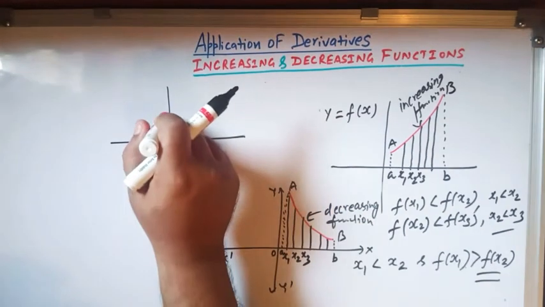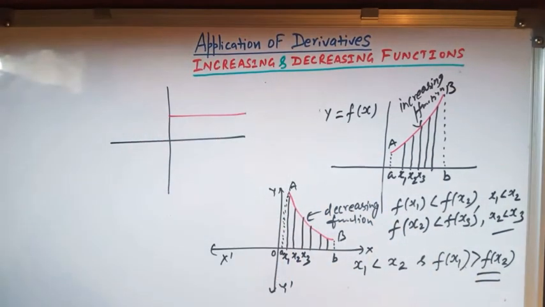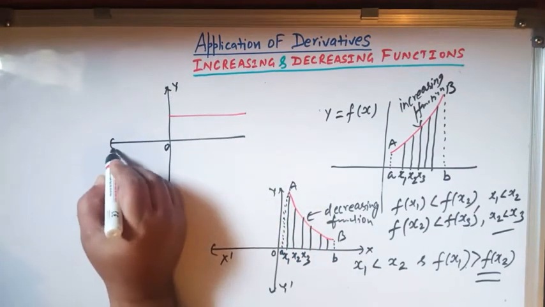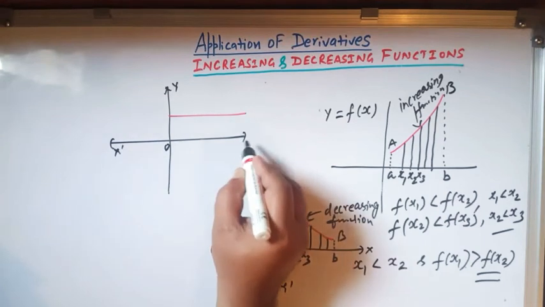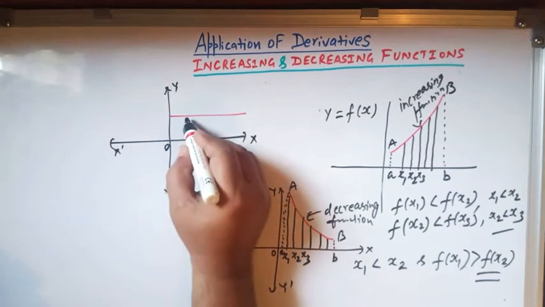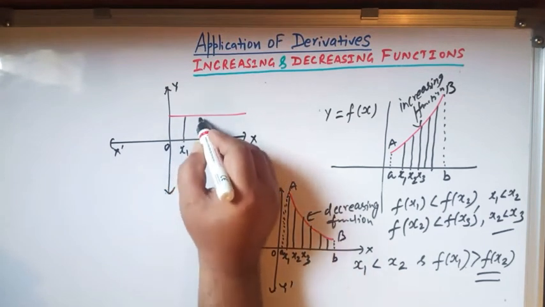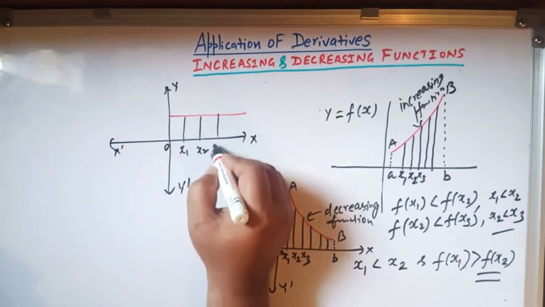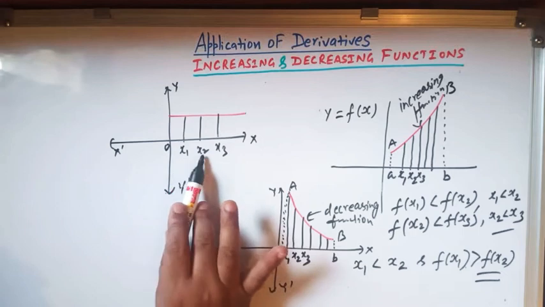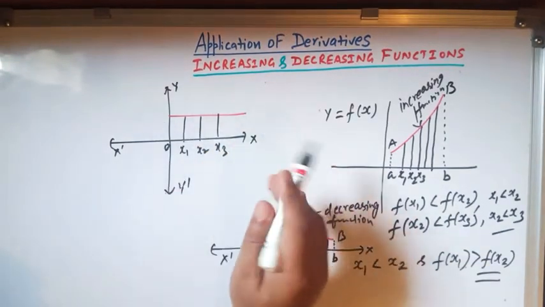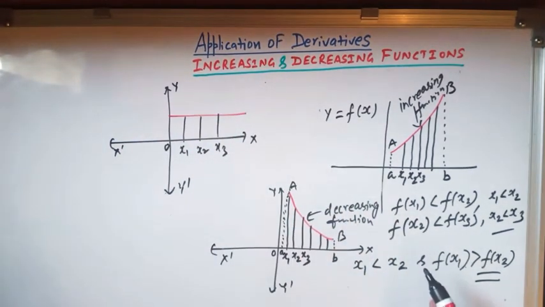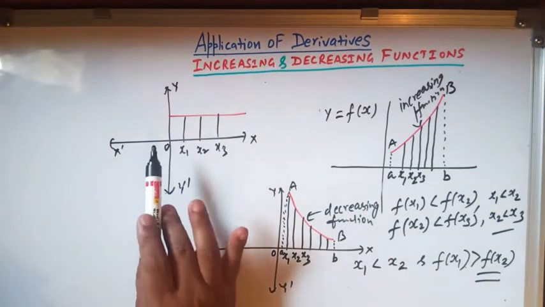Now from our knowledge of functions, we see that at each point, if we take the points x1, x2, x3 and so on, the height of this graph remains the same.